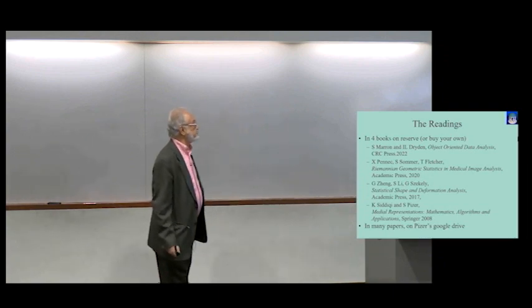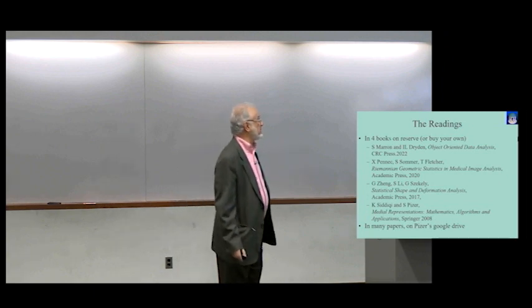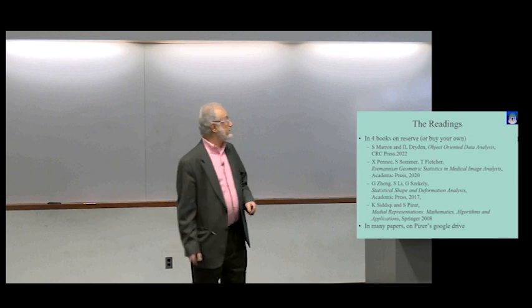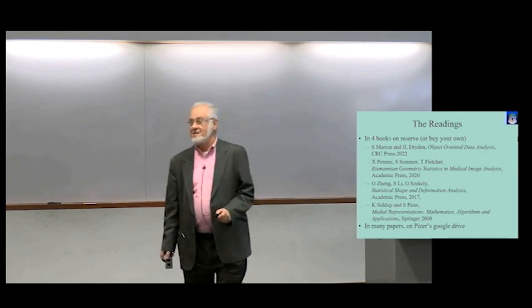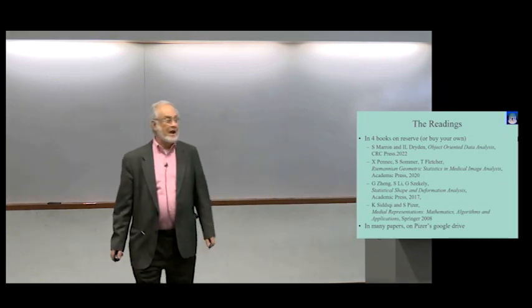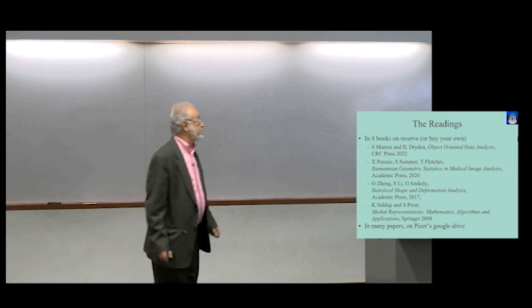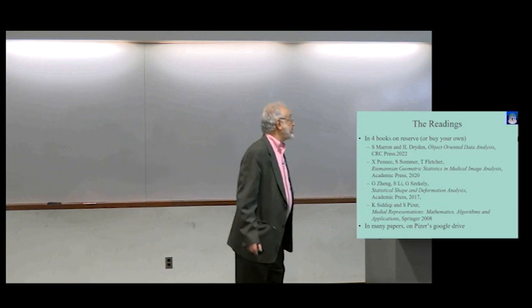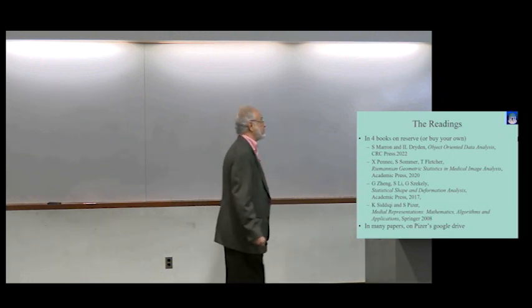The next one is a book by Jung, Lee and Székely. I left off the accent on the first E. But anyway, Gábor is a retired former colleague, still at ETH in Switzerland.